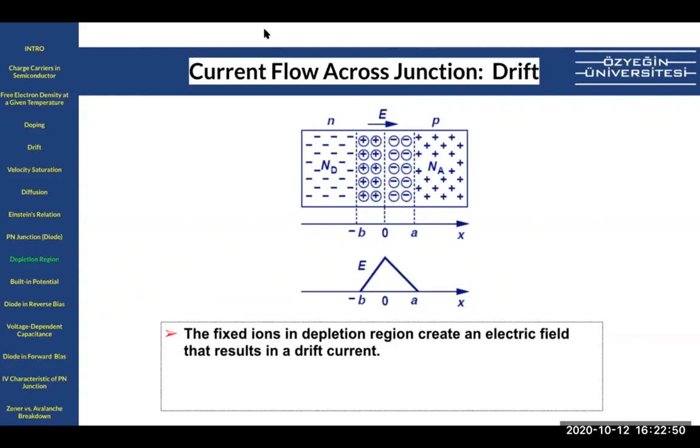So when you look at this depletion curve, you'll see that there is an electric field, right, between minus B and A. And the electric field is actually maximum at some point in the middle. And the reason is because if we look at here, let's say this part, there are a lot of ions with positive charge, and there are actually none with negative charge ions.